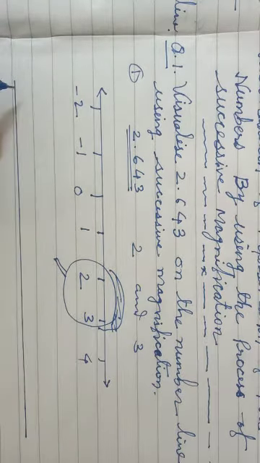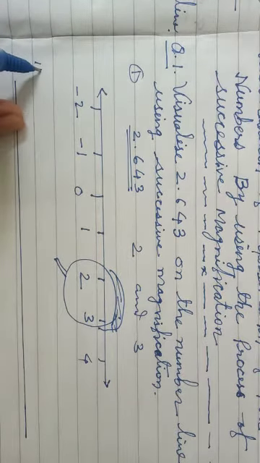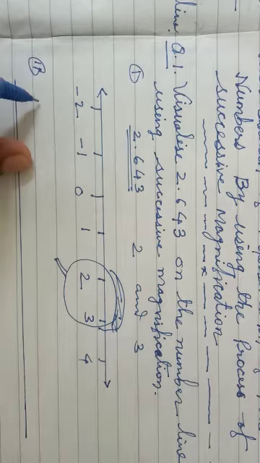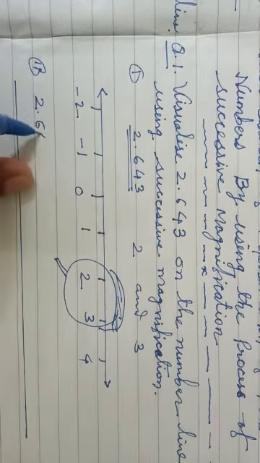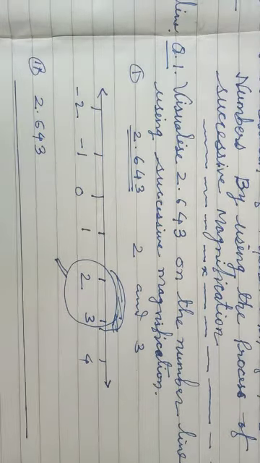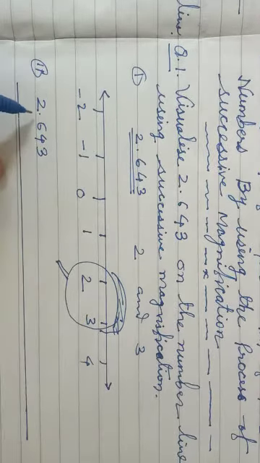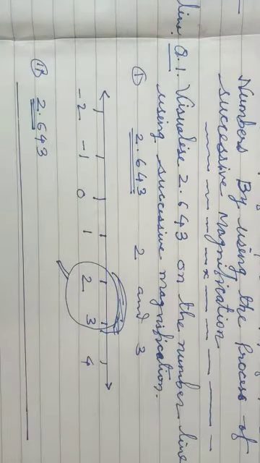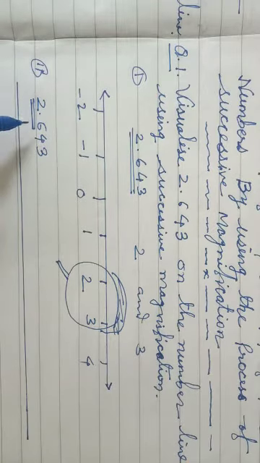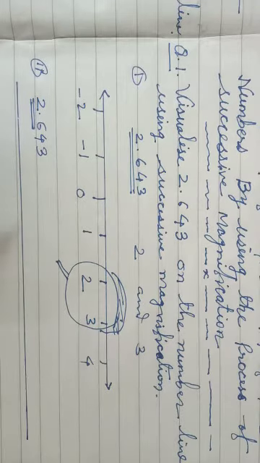Now in our second step, for 2.643, we should take 2.6. We should take 2.6 because we should represent the digits after the decimal point taking a single digit at a time.